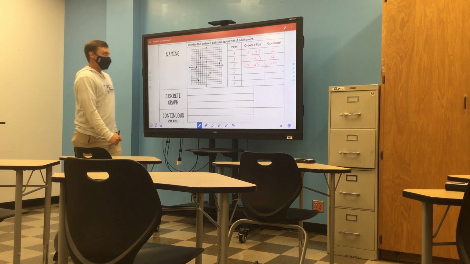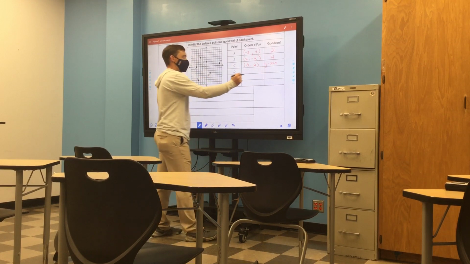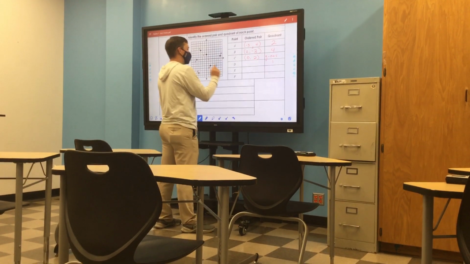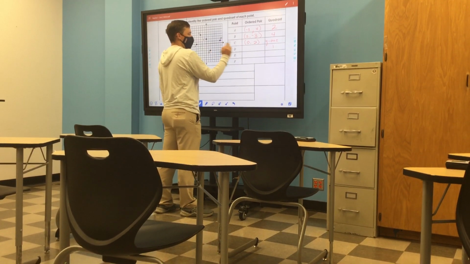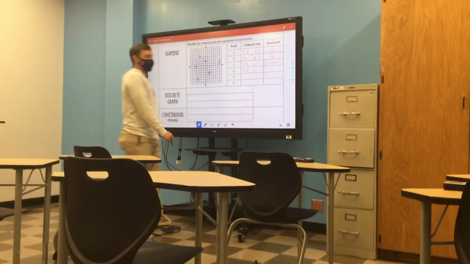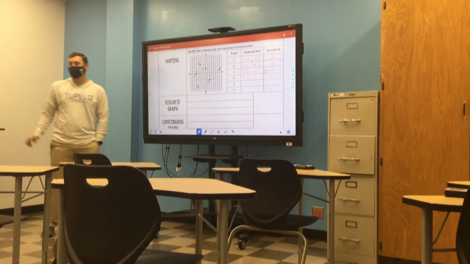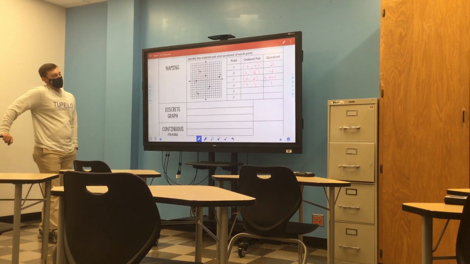Which quadrant is D in? 1. Okay, quadrant 1. You're going to the right 1, 2, 3, 4, 5, 6, 7. Going up 1. (7, 1) is that ordered pair. E is in which quadrant?